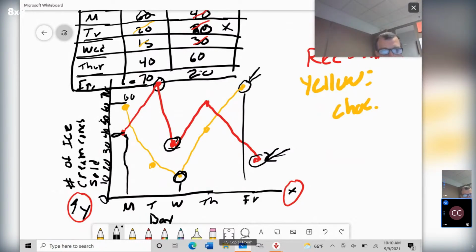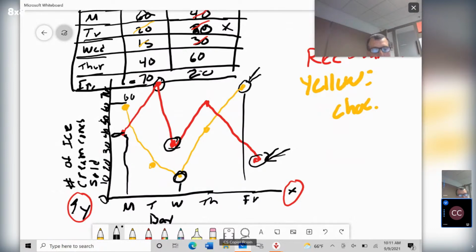And we're just looking at the data points. So that's really all a double line graph is. It's just plotting two sets of data. You're just comparing it. This one happened to be days of the week, Monday, Tuesday, Wednesday, Friday, and then the number of different types of ice cream cones sold on each day, vanilla versus chocolate.